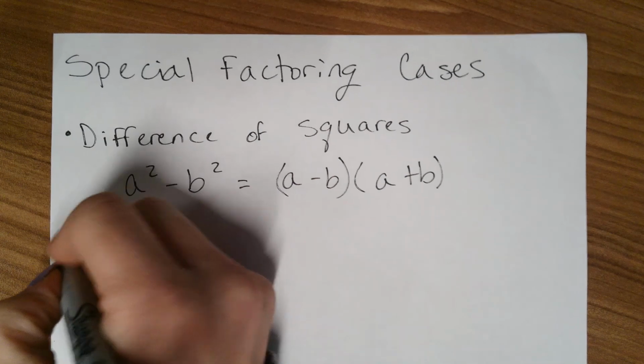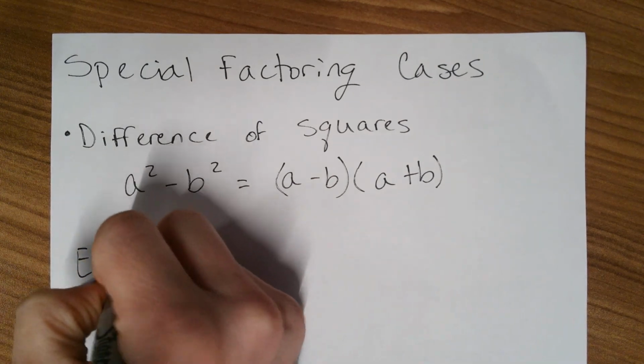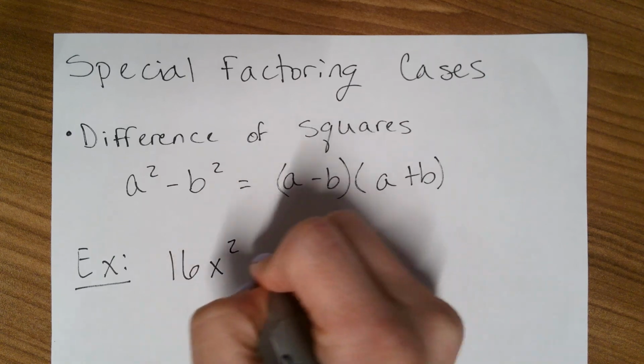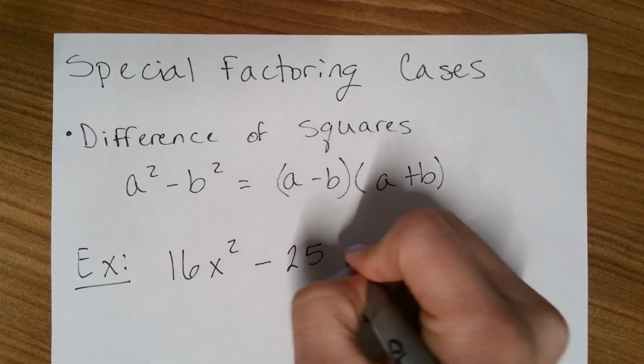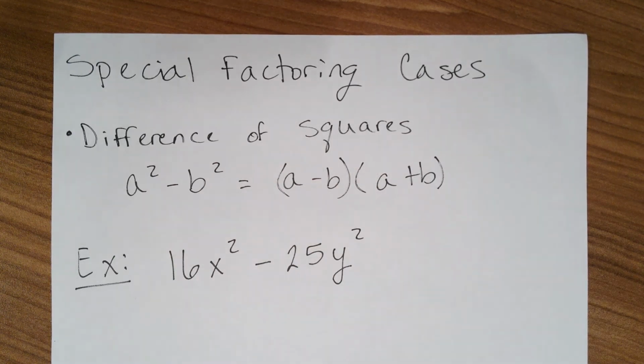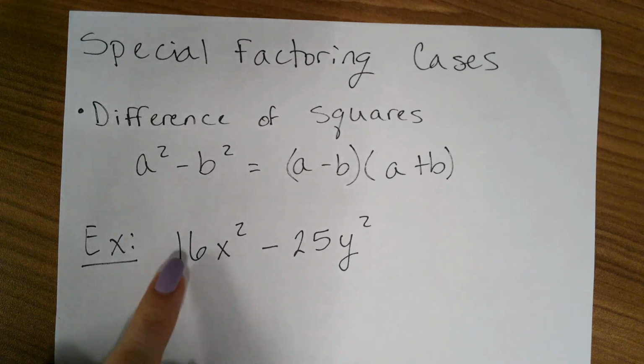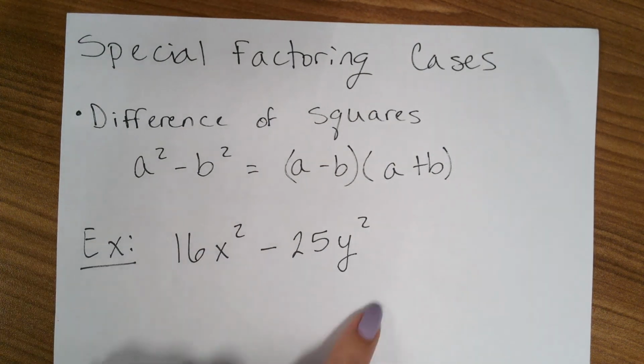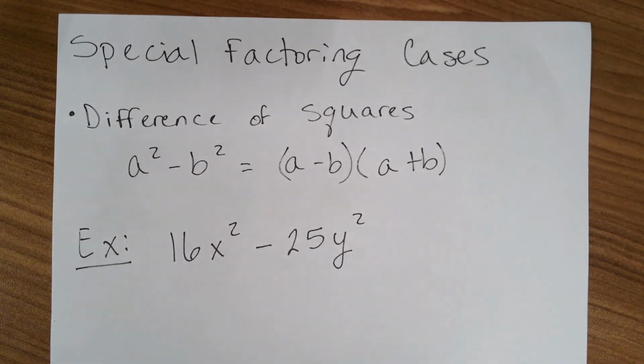So let's look at an example. Let's say I have 16x squared minus 25y squared. So we see that I have something that looks like it could be squared minus something else that looks like it could be squared.